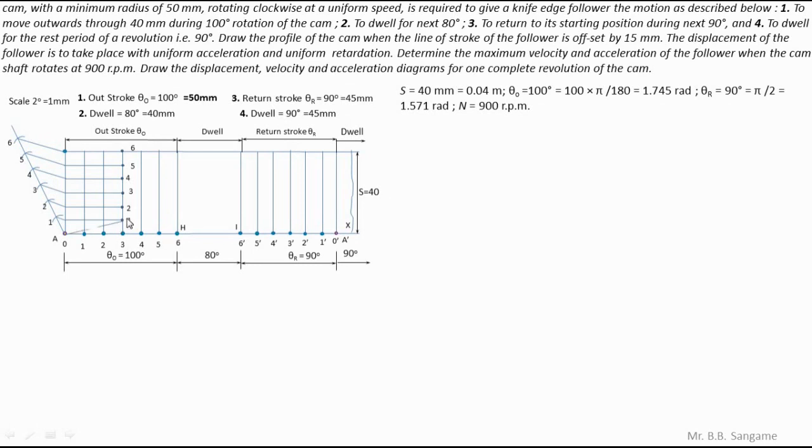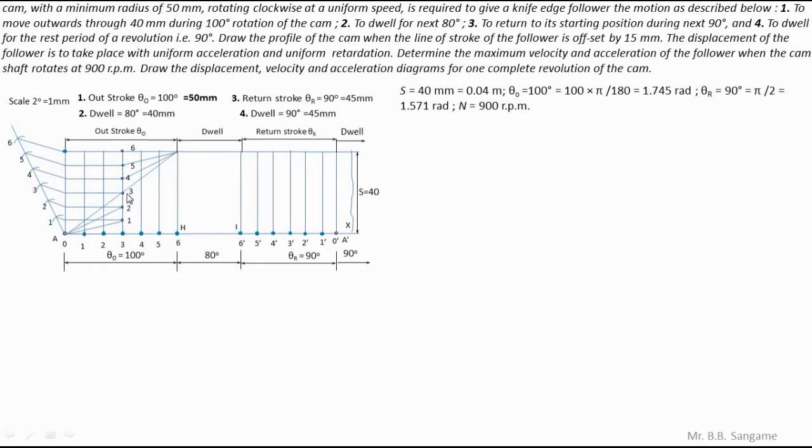I have joined the first point with the left corner, the second point with the 0 point, and the third I have joined along the diagonal of the rectangle. This is the topmost right corner of the outstroke. I am going to join the remaining points 4, 5, 6 with this corner. So finally we have joined every point, and at the bottom I have joined the first, second and third points. The first and second points I have joined with the 0 line.